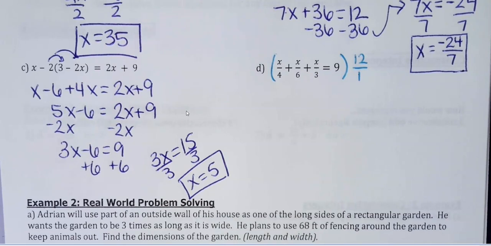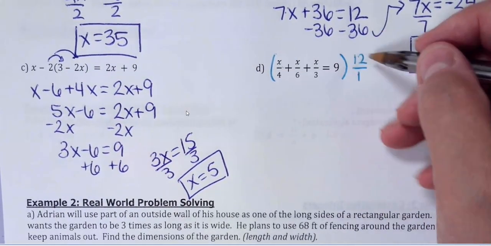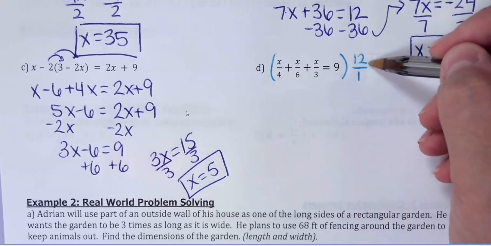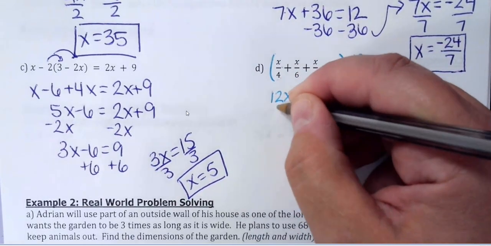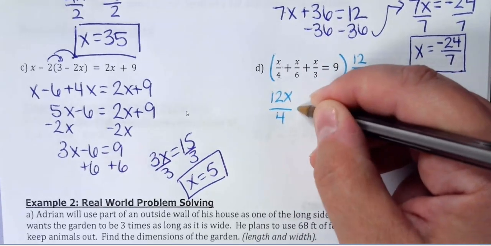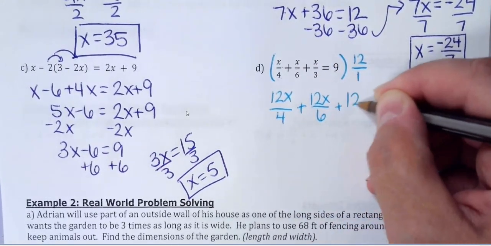Now, the way that works, you got to remember, if you're going to multiply a number to a fraction, think of it as that number over 1. So don't multiply the denominator by 12. I'm just going to put it in the top. Okay, so I'm literally just going to sneak a 12 into the top of each of these fractions. So it'd be 12x over 4, 12x over 6, and then 12x over 3.